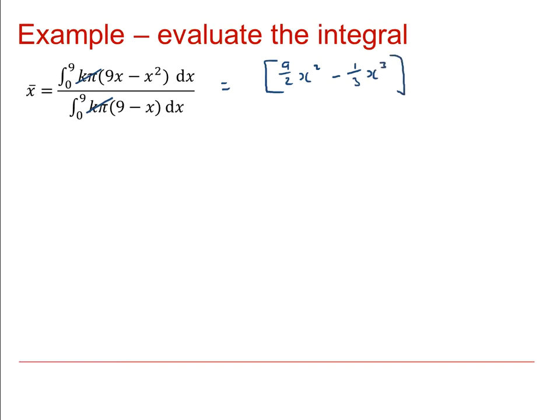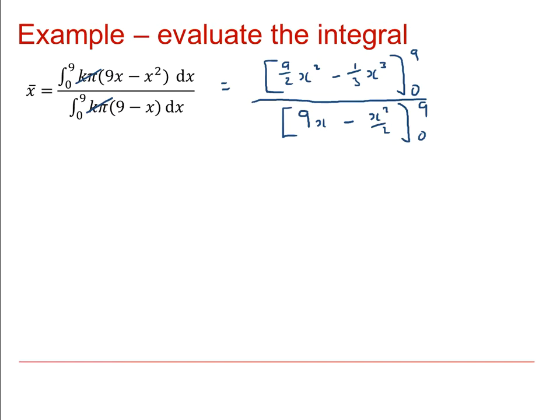That's evaluated between 0 and 9, and then we're dividing that by the integral of 9 minus x, so that's then 9x minus x squared over 2 evaluated between 0 and 9.